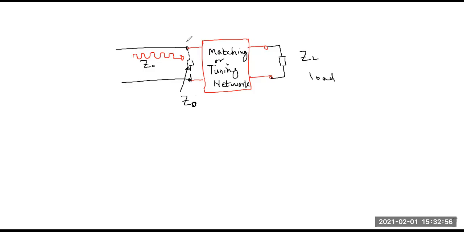So the signal will find as if it is providing power to a matched load, and at this point reflection will be equal to 0, because from the signal's perspective, in between these 2 points, the impedance is equal to Z naught. So this matching network has converted the load impedance ZL to Z naught, and as a result, we get this behavior.